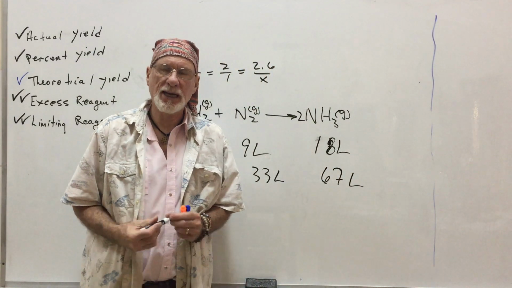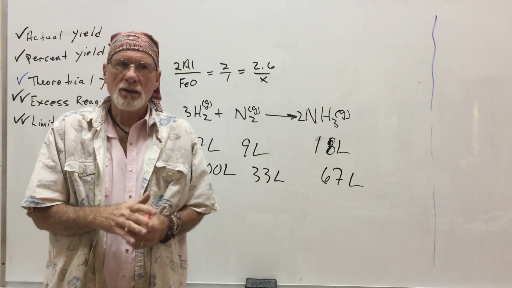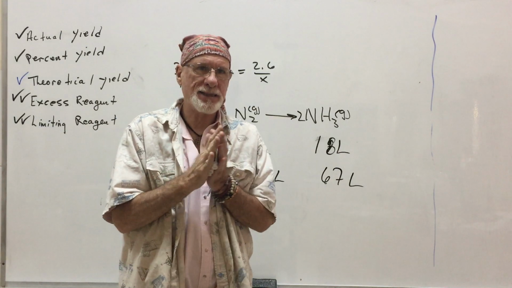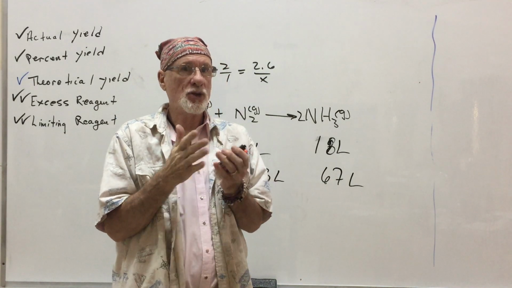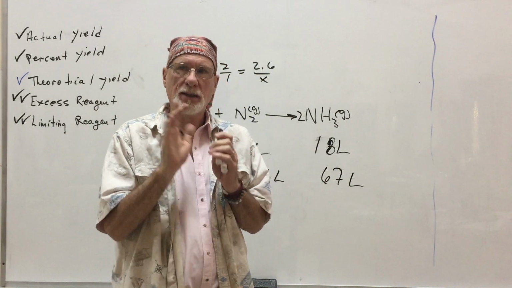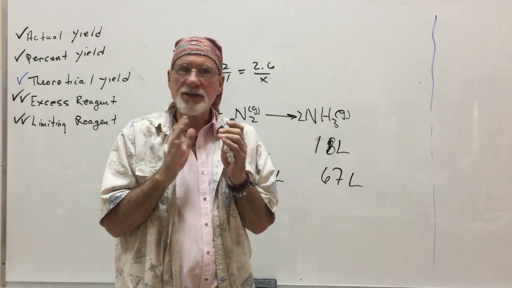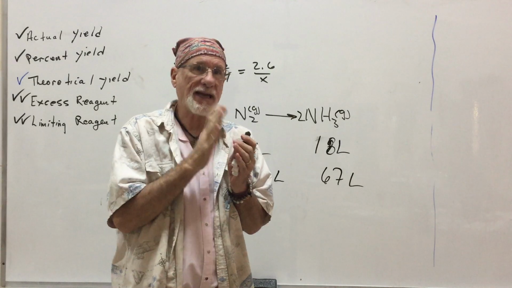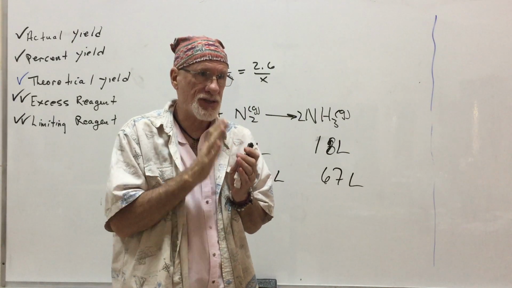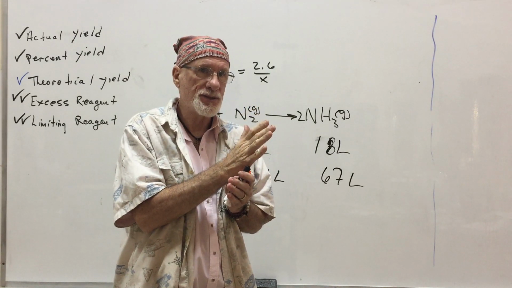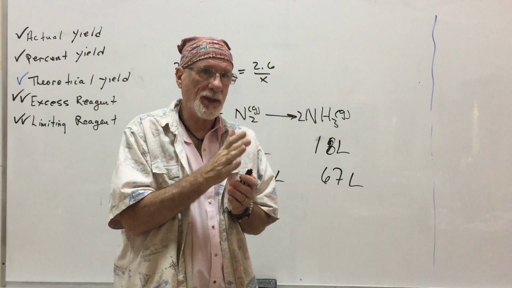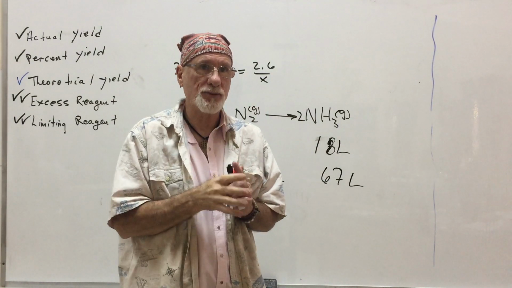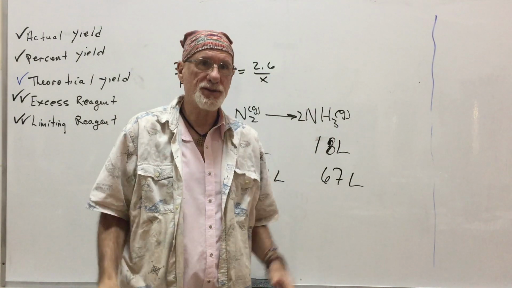Because, this is the key, the volume of any gas at STP is 22.4 liters. Now, if the temperature and the conditions are not STP, but all of the gases are under the same conditions, then the volumes will be the same. The molar volumes will be the same, always.